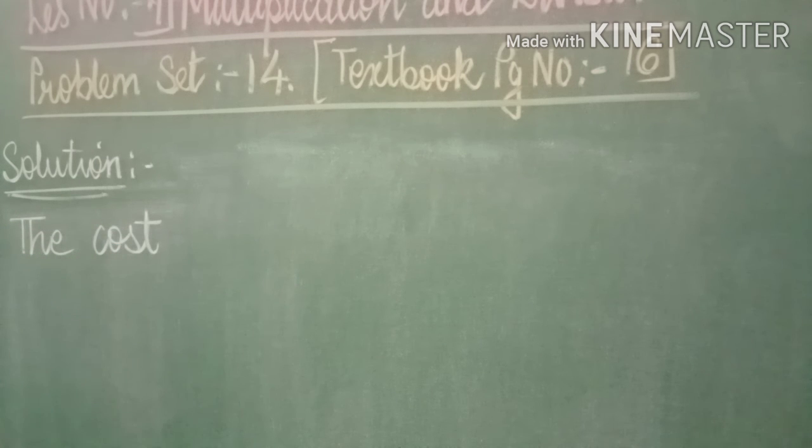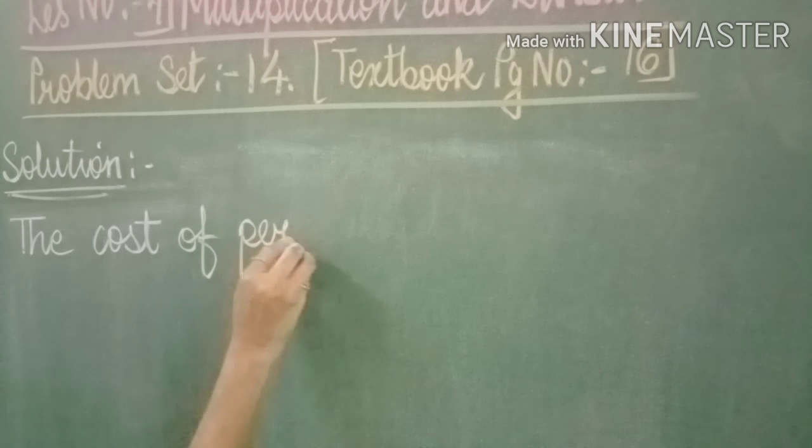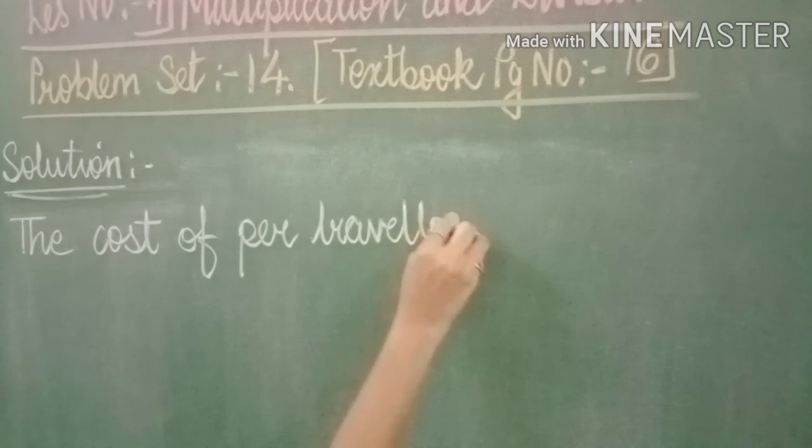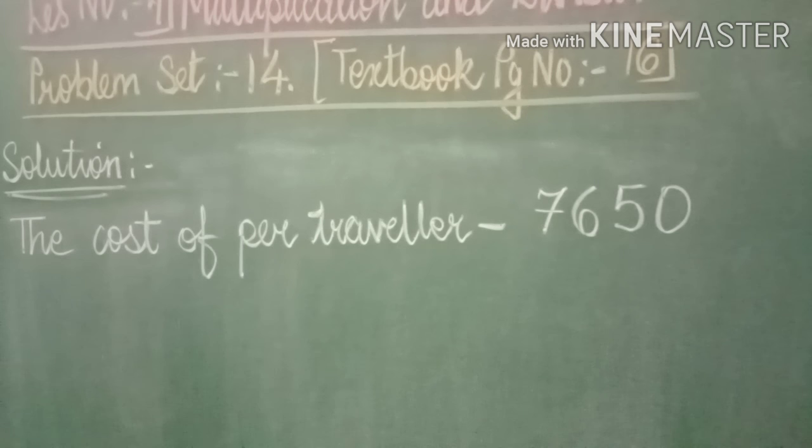The cost of per traveller is rupees 7,650. So we have written the cost of per traveller is 7,650.